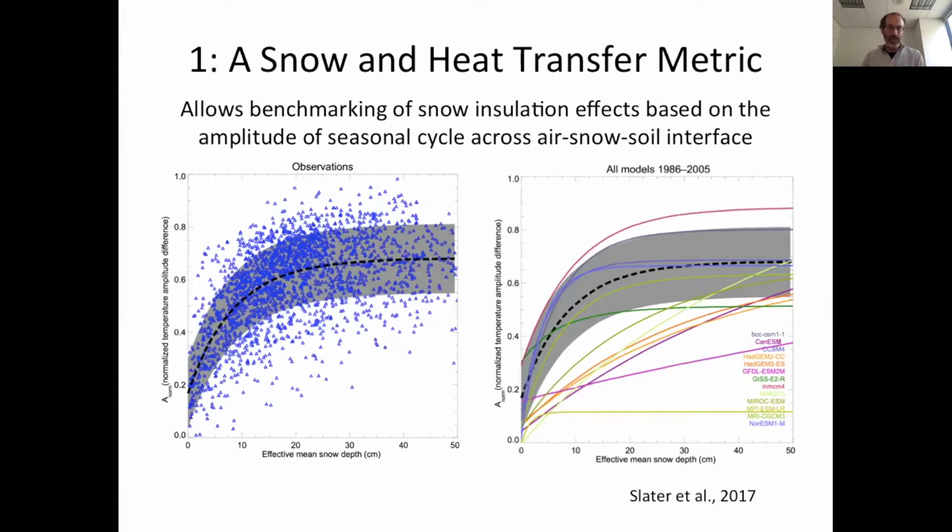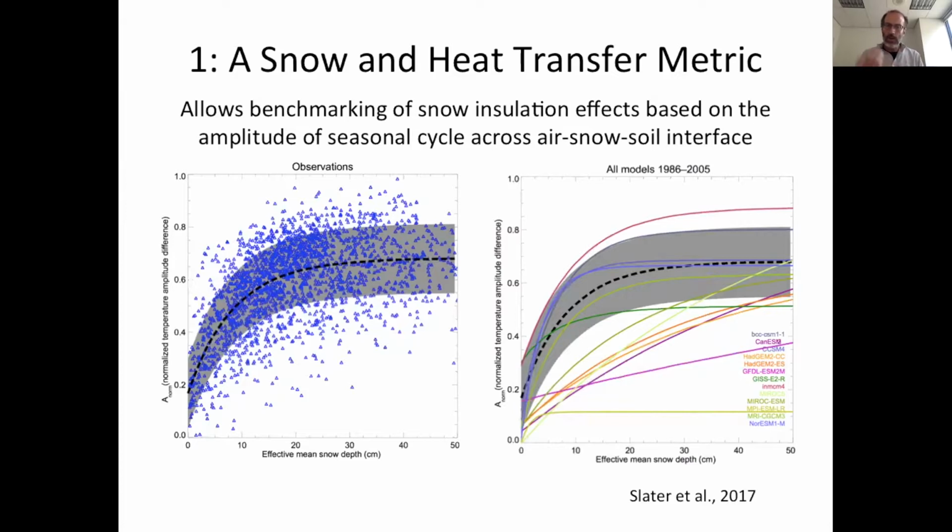Then you can take that exact same relationship between snow depth and the relative attenuation of the seasonal cycle, and apply that to a bunch of different models. All the different lines here correspond to different models from the CMIP5 comparison. What this shows is that some models are doing a reasonable job, while other models just aren't, and so it allows you to identify which models really need to focus on their snow cycles.